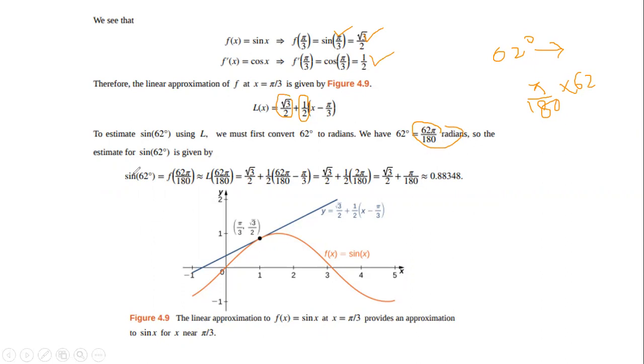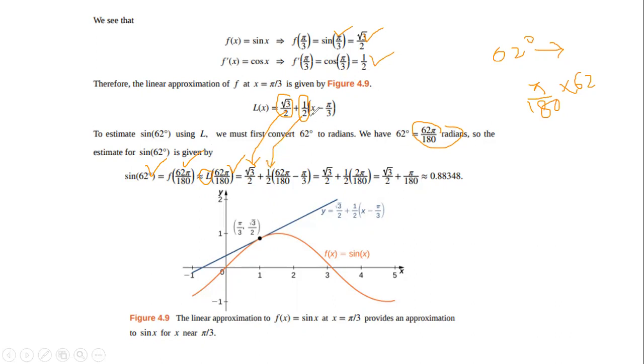Now I have to approximate it. So sin 62 will be the linear approximation at 62 pi upon 180, which has first value root 3 upon 2 plus 1 upon 2.